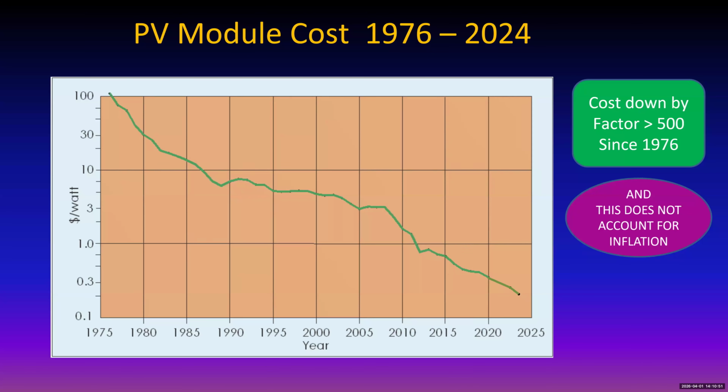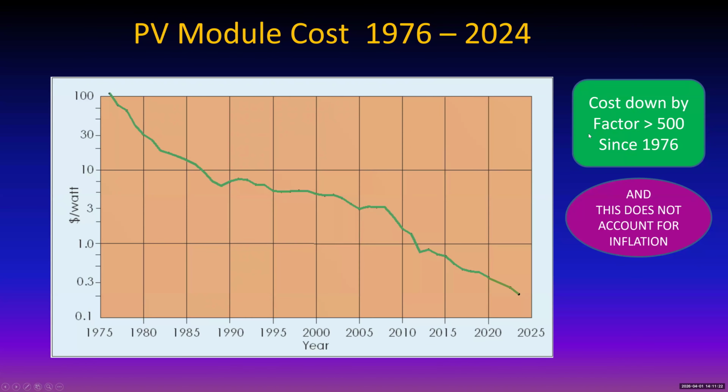So if we take that into account, the cost could be down by a factor of 5,000 corrected for inflation. The number is unbelievable, and that holds for a lot of electronic type things. Look at television sets and other things that are relatively inexpensive, compared to other things where the cost is going up.